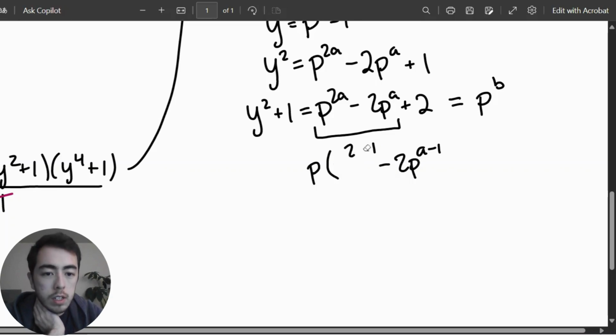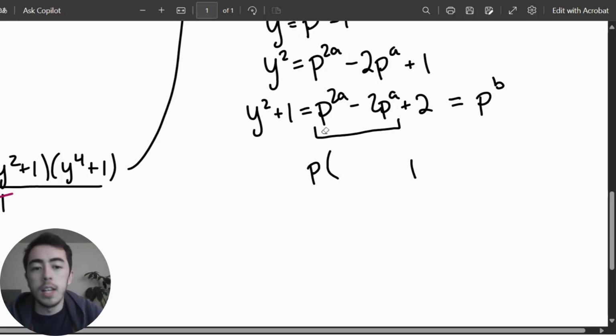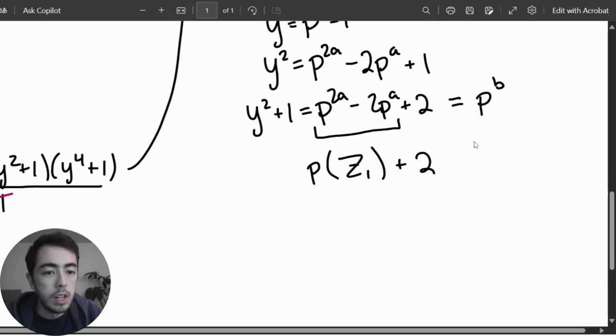So I could factor out a p and get some whole number, which I'll represent with z1, z for integers. And then I'll add a 2. And the same thing is going on over here. I know that p to the power of b is just that prime multiplied over and over again. And so that could be p times some integer, and I'll call that z2.